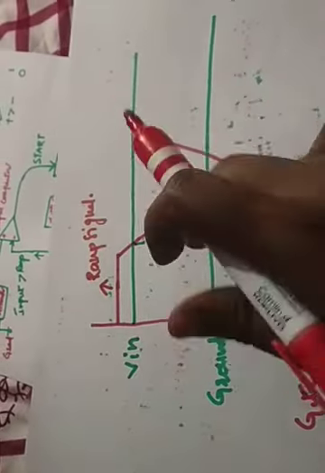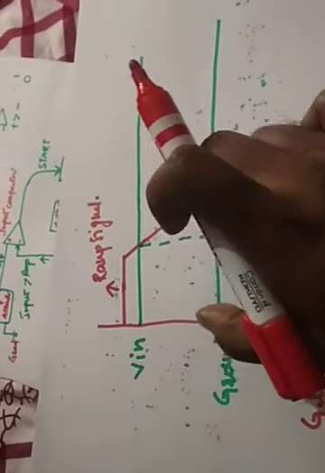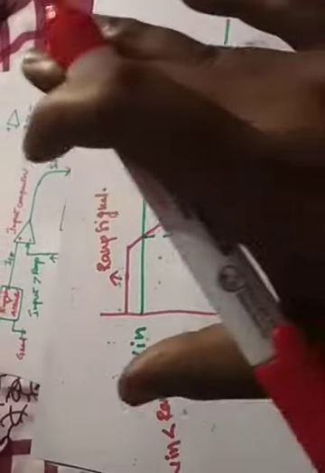That means your input signal, V input, is less than the ramp signal. So then is the gate open? There is no gate open. That means the gate should be in the closed position up to here.